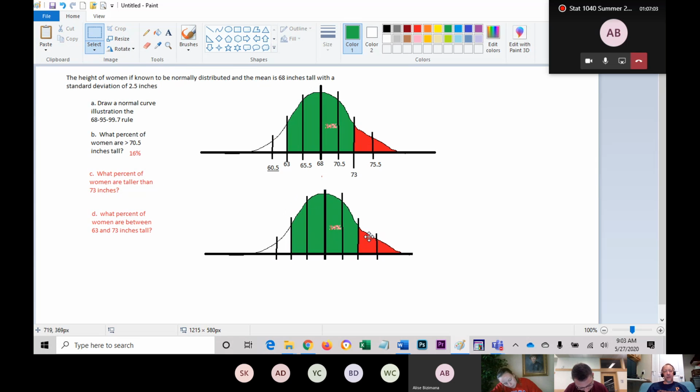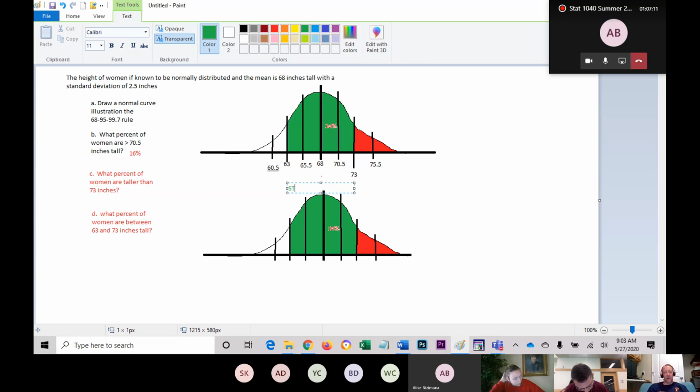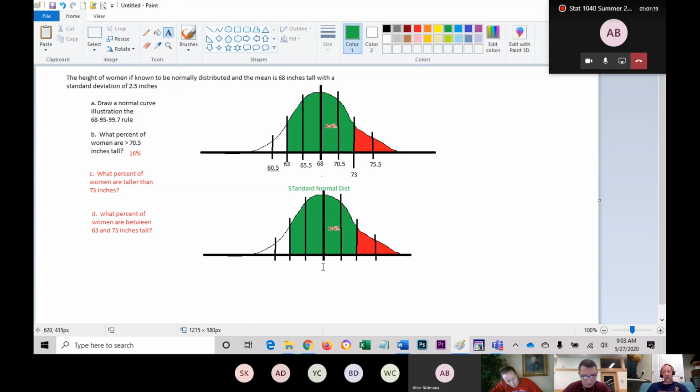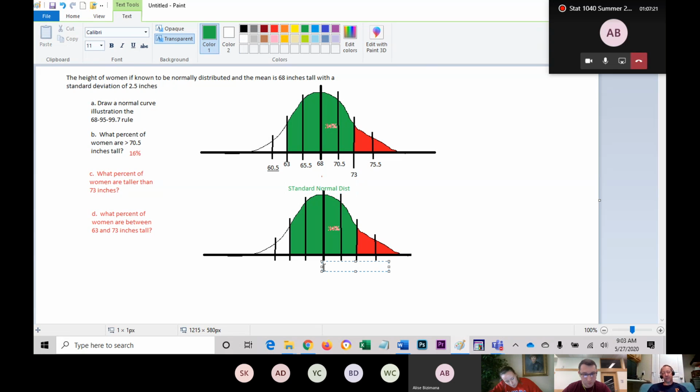Now let's pretend that this is a standard normal distribution. If this is a standard normal distribution, what is the mean? Zero.